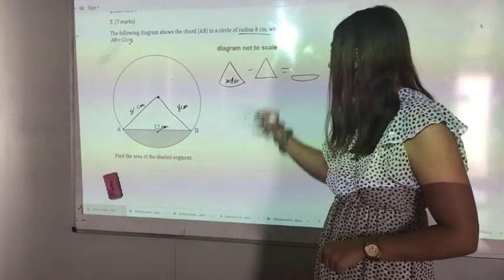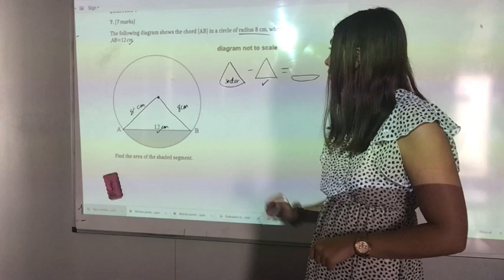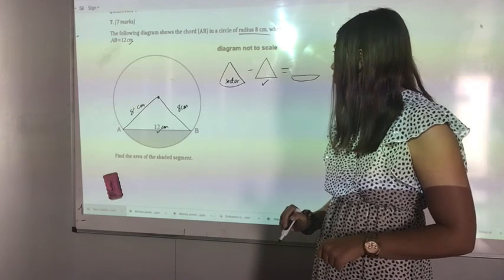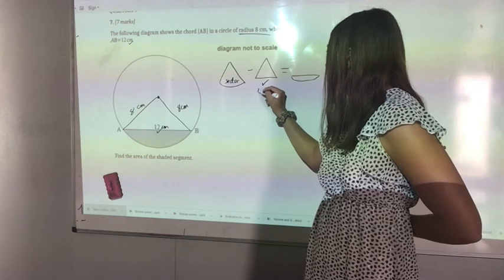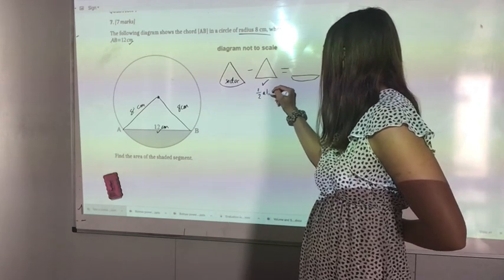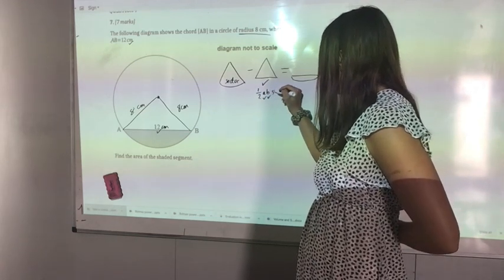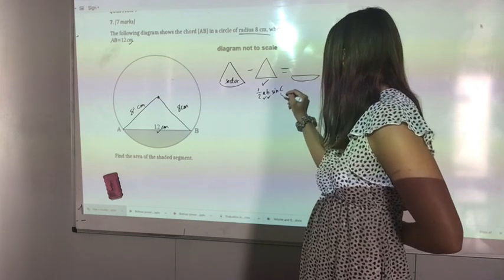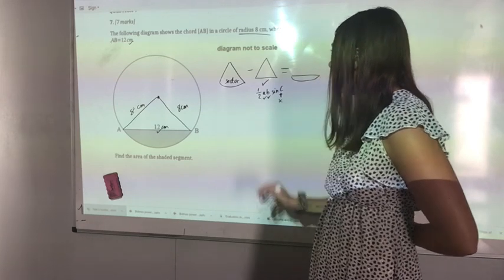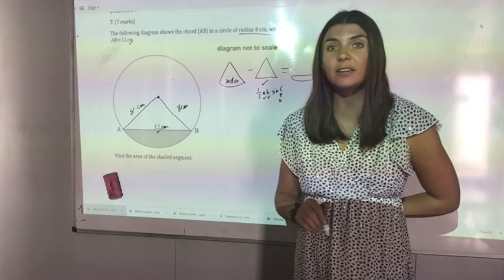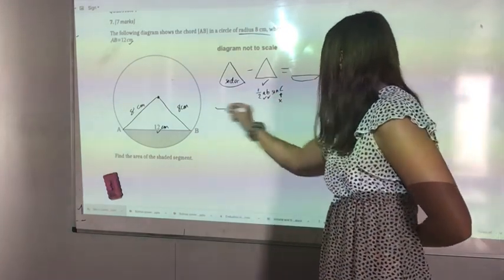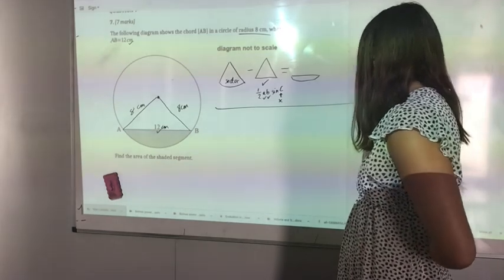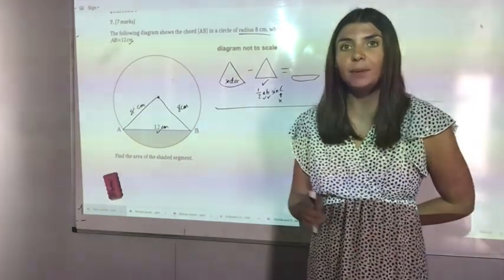So finding our triangle is looking pretty good, because to find the area of a triangle, you need half AB sine C. C is something we don't have. Similarly, for the sector, we don't have C. So the next part of the problem is to work out, what is C going to be?